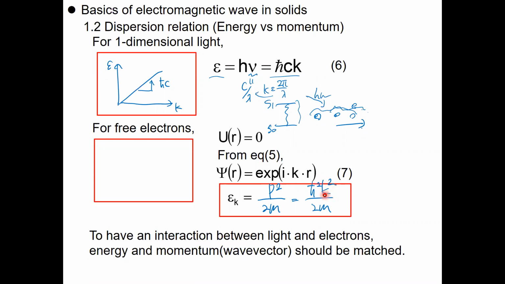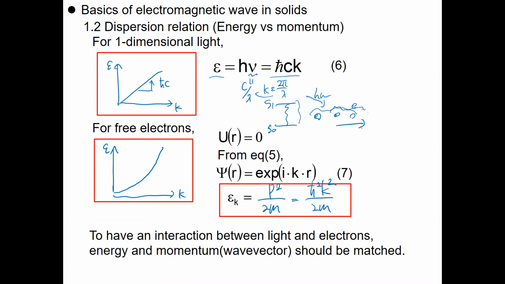Right? So if we draw energy versus k for free electrons, it's like a parabolic curve.